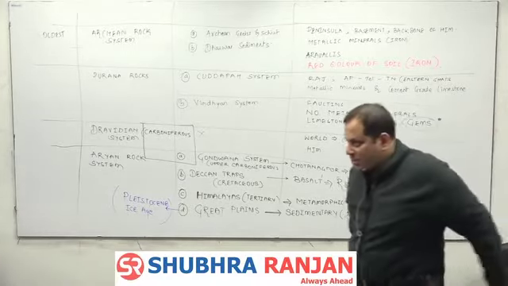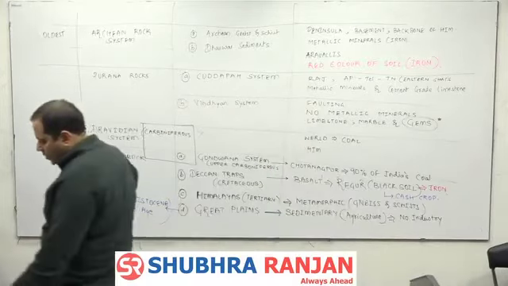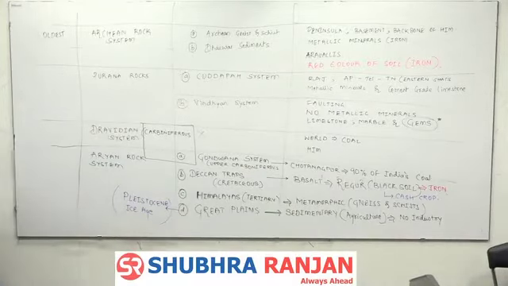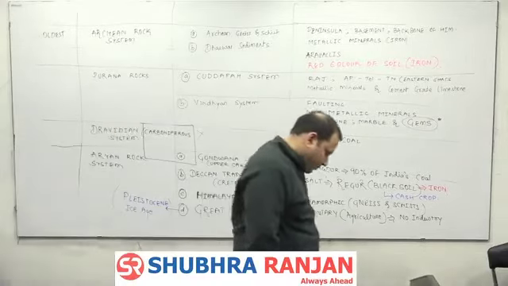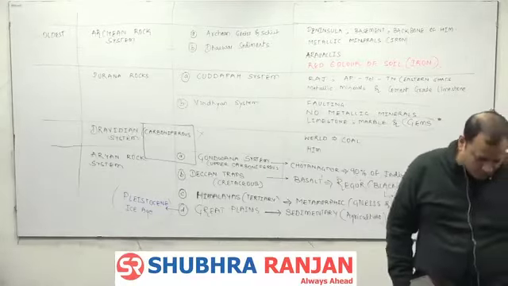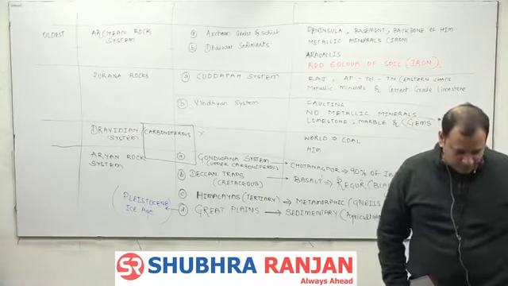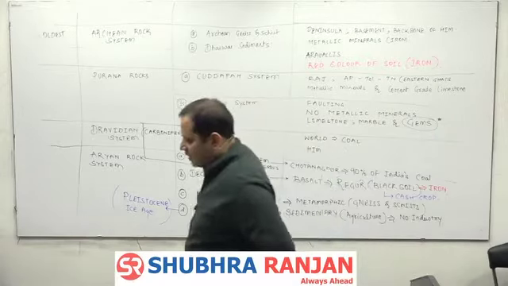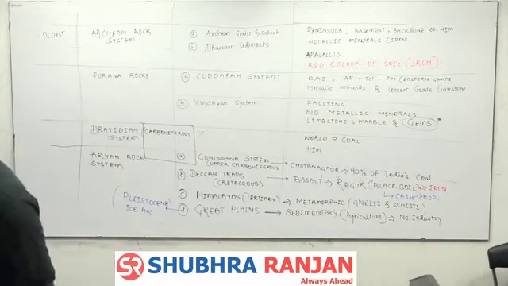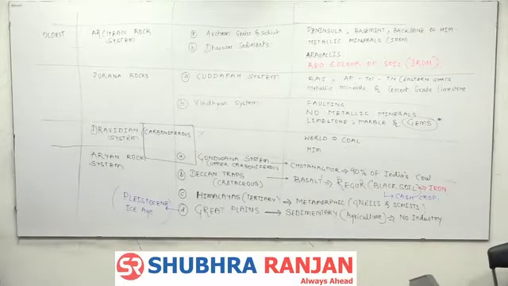Gondwana coal is much younger than Carboniferous coal, and hence it has sulfur impurities.